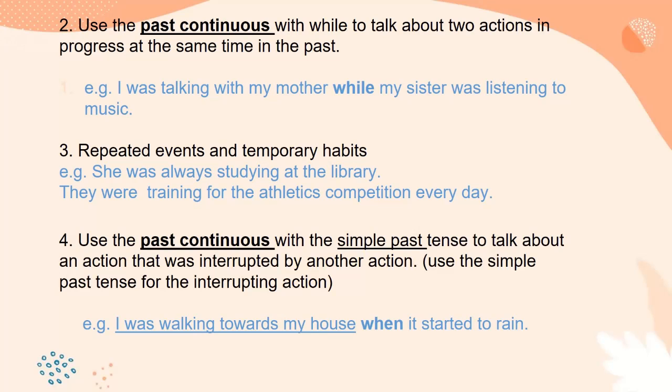Then we use the past continuous to talk about repeated background events in the past and to talk about temporary habits that started and finished in the past. For example, she was always studying at the library.